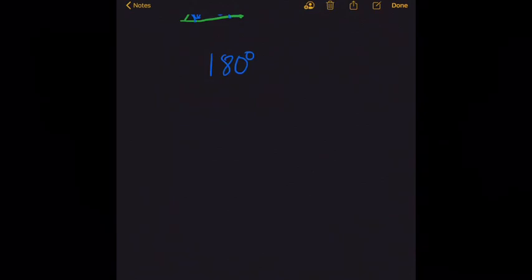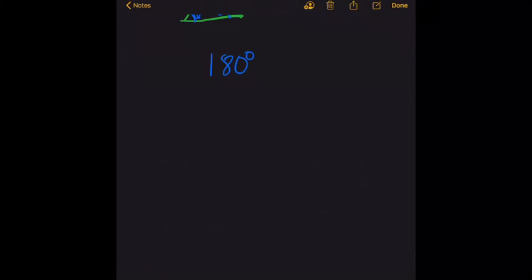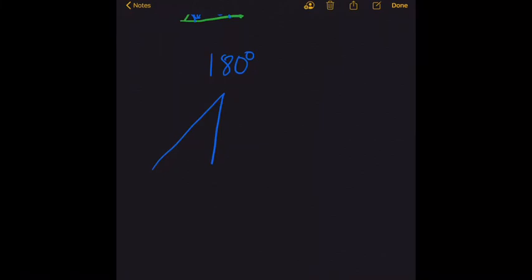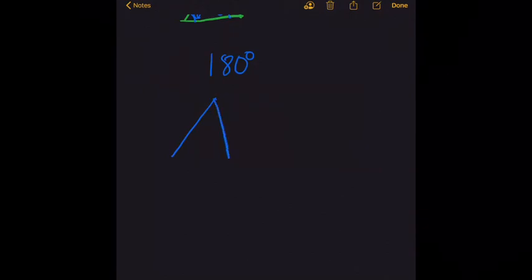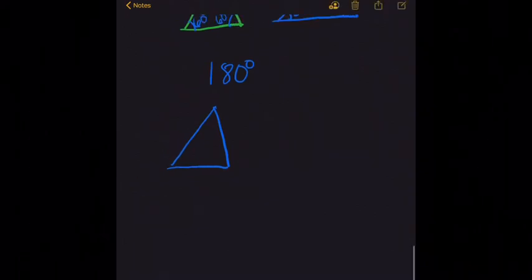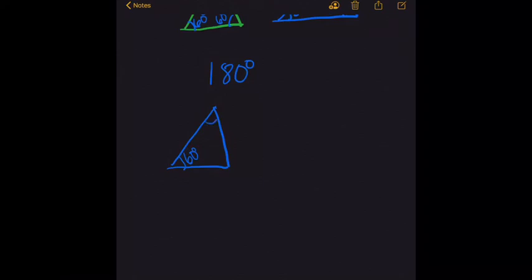So look at that very first example. It says find the measure of angle BCA. So I'm going to do my best to copy said triangle. All right, we know that this angle here is 60 degrees. We know that this angle is 40 degrees.